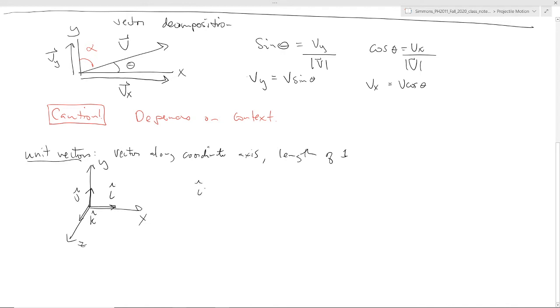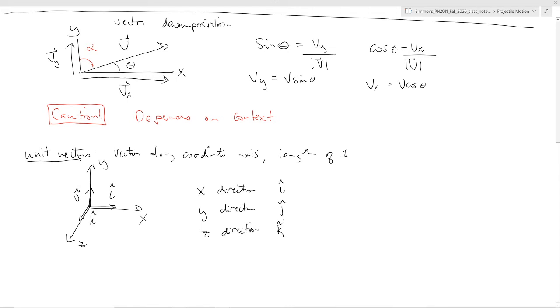So just to be really explicit here, the x direction we indicate as i hat, the y direction is j hat, and the z direction we indicate with k hat.